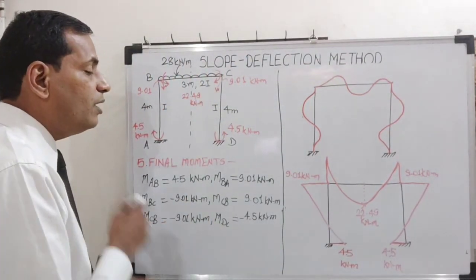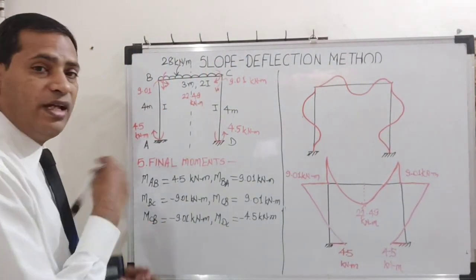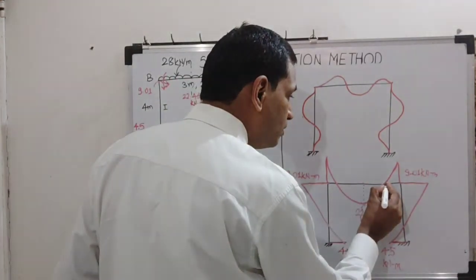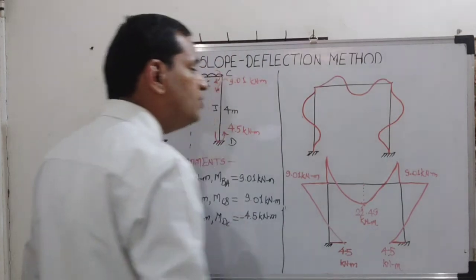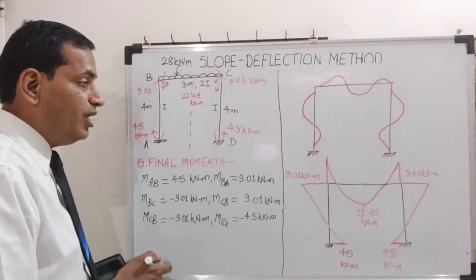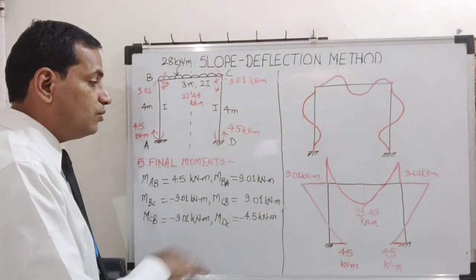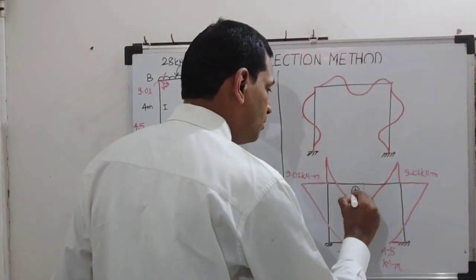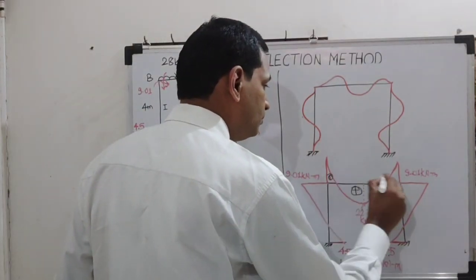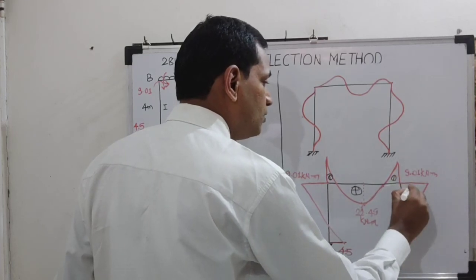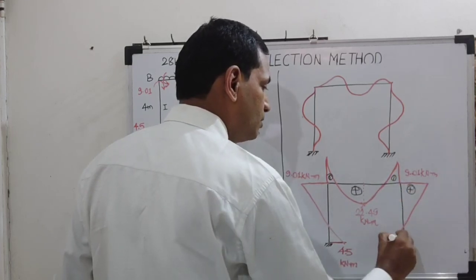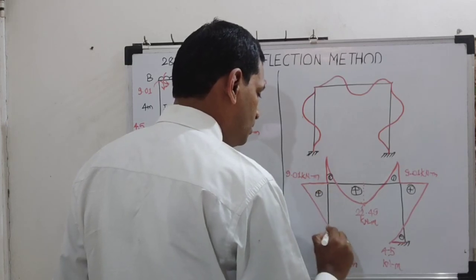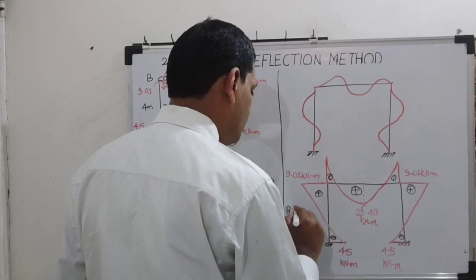So for UDL, variation of bending moment diagram is parabolic, and for point loads it is linear. Okay, so these are our values. This is plus, this is minus, this is plus, this is minus, this is plus, this is minus. So this is our bending moment diagram.